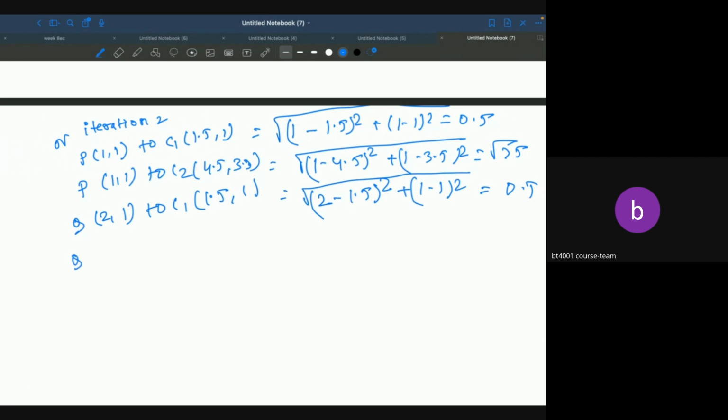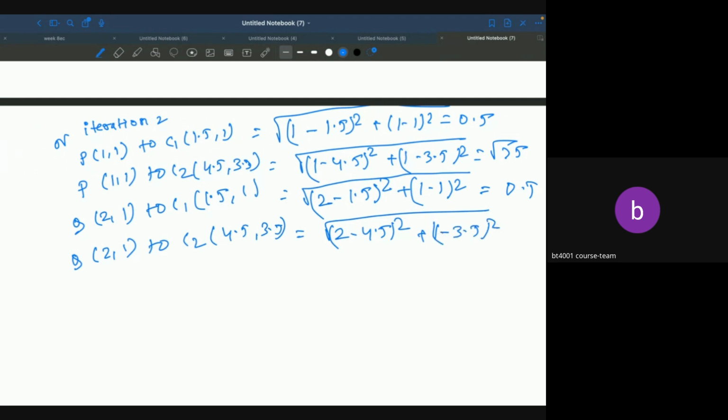Then Q(2,1) to C2 (4.5, 3.5). So it will be root of (2 minus 4.5) whole square plus (1 minus 3.5) whole square. So it will be root 12.5, right? Then R(4,3) to C1 (1.5, 1).